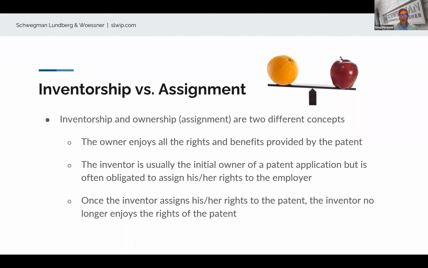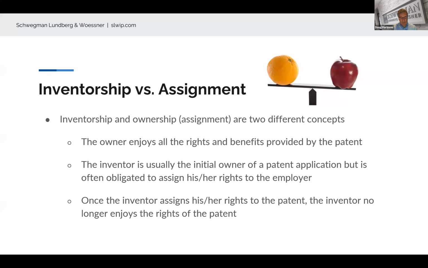But then under modern conditions, we're probably all employees of companies or faculty, staff at universities. So we're usually, at least in the US, typically obligated to assign our rights to our employer. So again, the mechanism for doing that is by assignment. So the inventor assigns his or her rights to the patent to the employer, and therefore the original inventor, the original owner, no longer enjoys the rights of those patents.